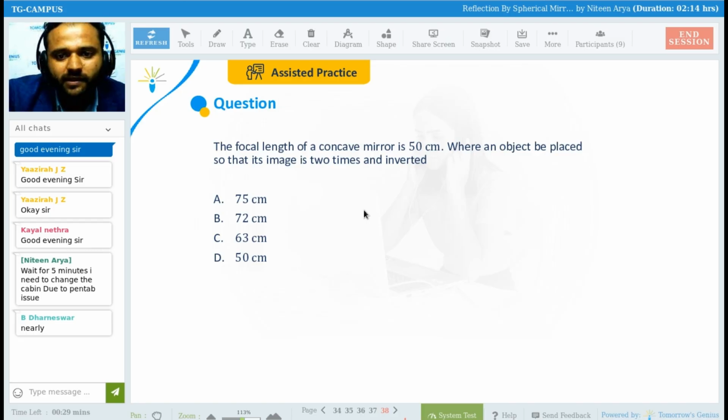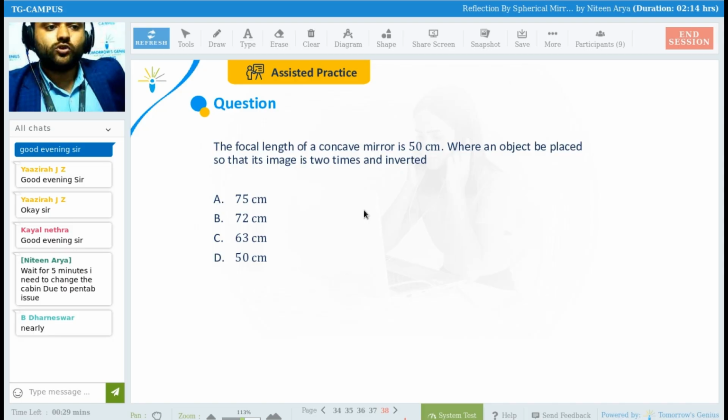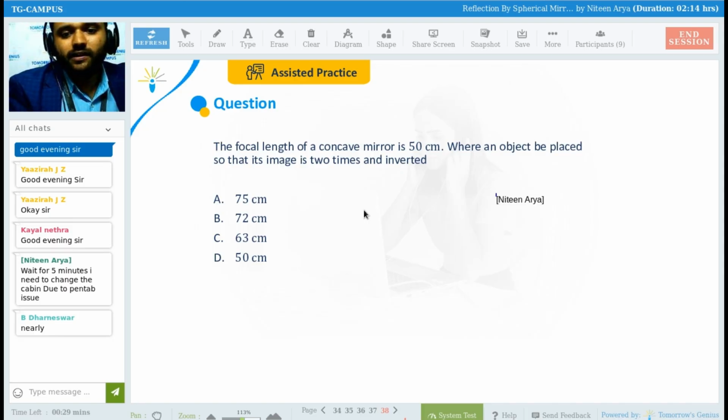Focal length of a concave mirror is given. So automatically when the focal length of a concave mirror or a convex mirror is given, you need to put a sign. Clear? Where an object is placed so that the image is 2 times and is inverted. One hint I can give you: real inverted means V is positive.